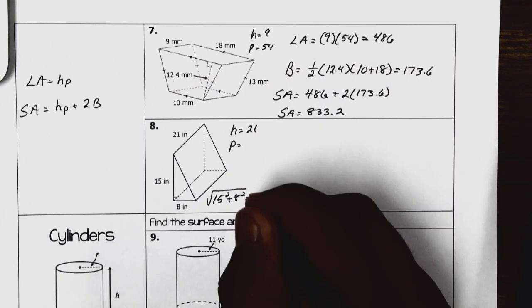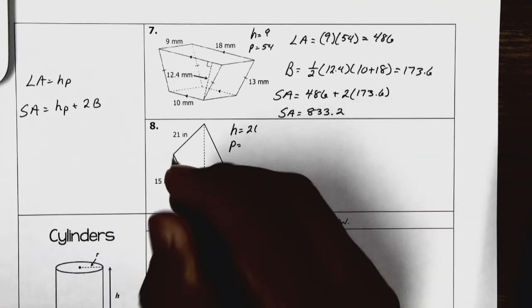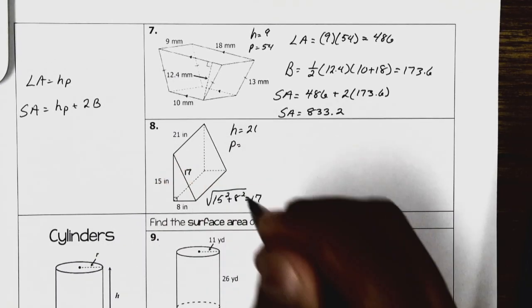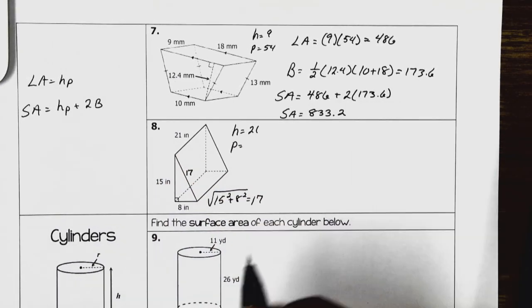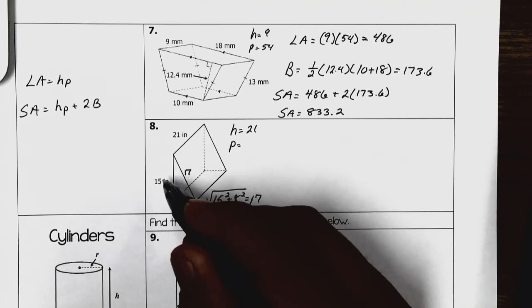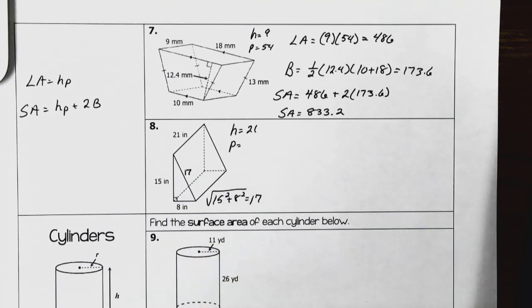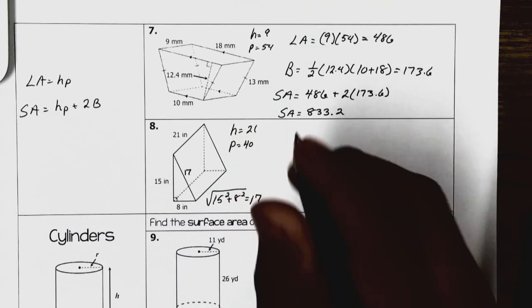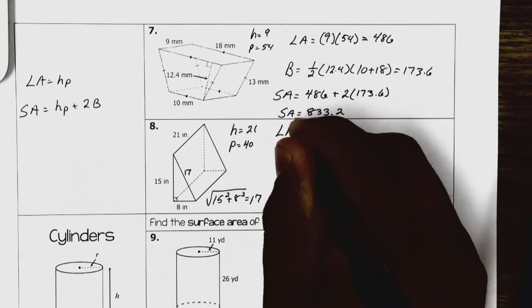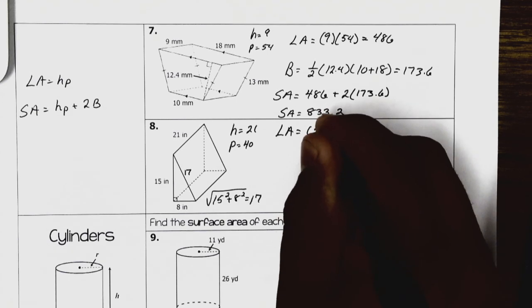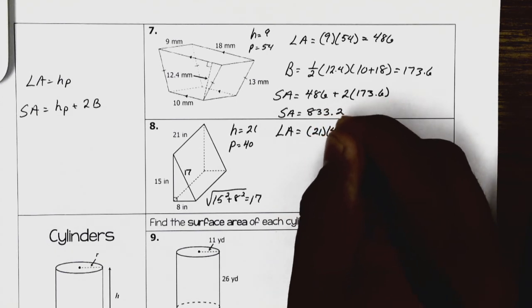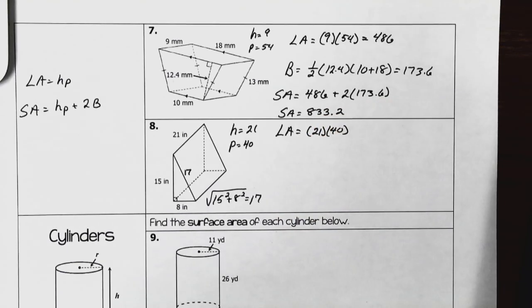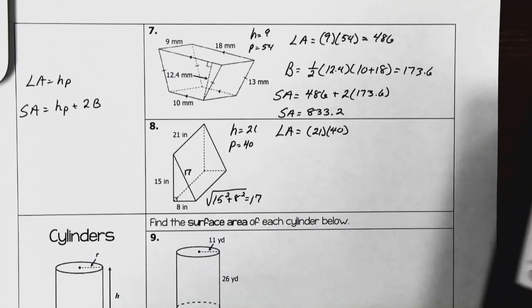So that means that this slant right here, I'm just gonna write it down, is actually 17. So add them all up to get the perimeter. So 15 plus 8 plus 17 is 40. So the perimeter is 40. So LA equals the 21 times 40. So that gives me 840.